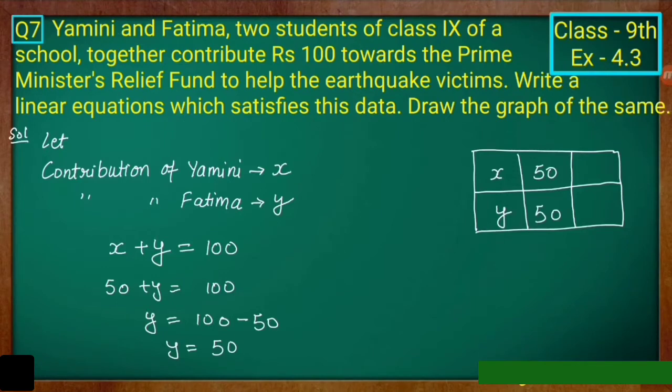Next, let x be 70. 70 plus y equal to 100, y equal to 100 minus 70, taking 70 to the right side. y equal to 30.